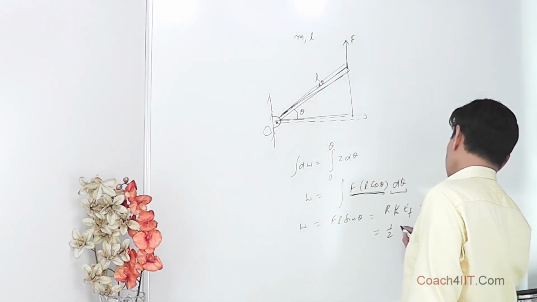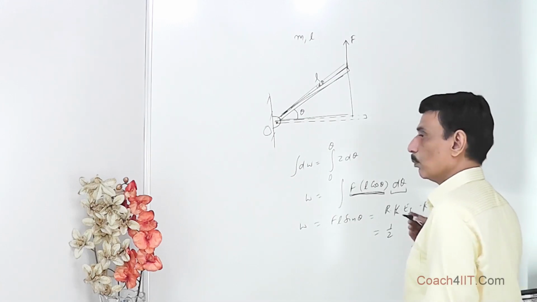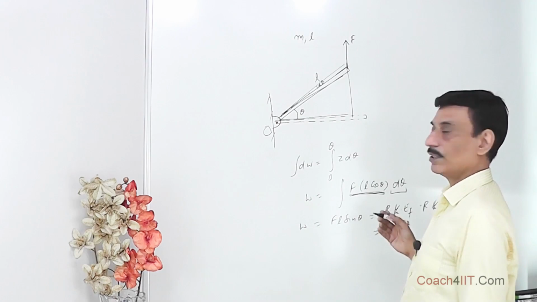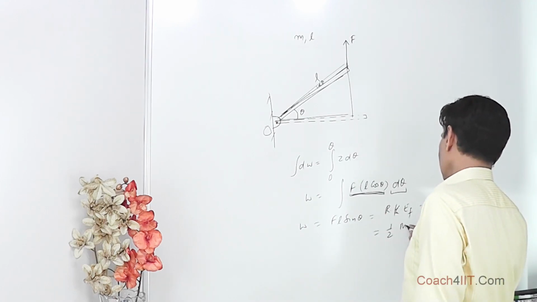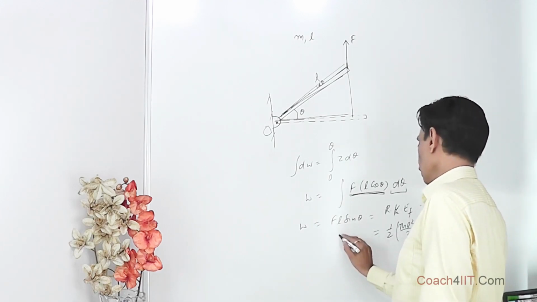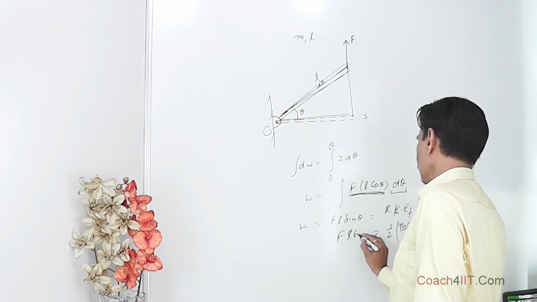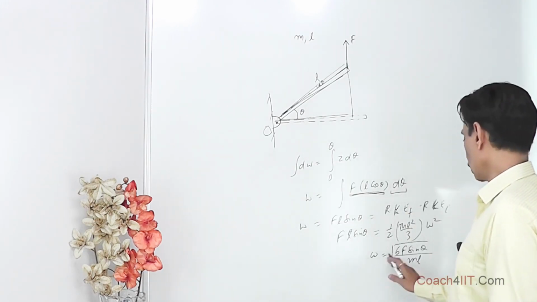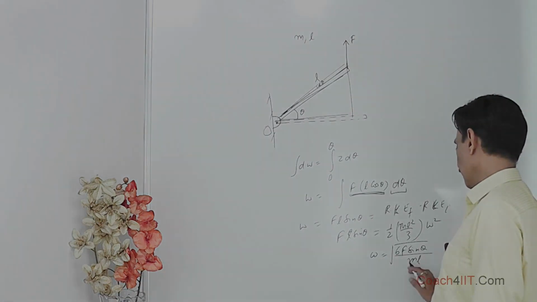We have done this when we found the moment of inertia of a rod about an axis passing through its end and perpendicular to its length. It was m L squared by 3. So the energy is half I omega squared, and F L sin theta is equal to this. From here, omega comes out to be the square root of 6 F sin theta upon m L.